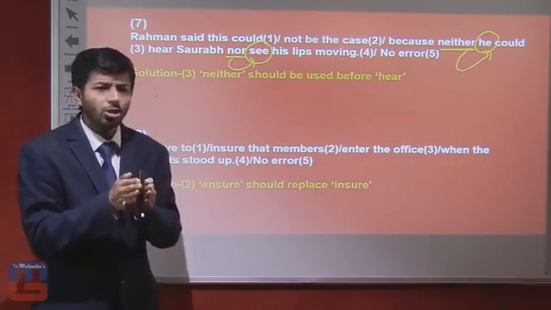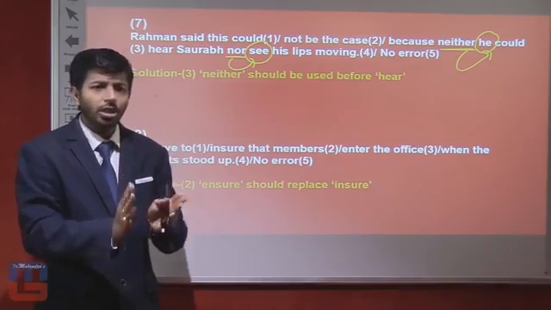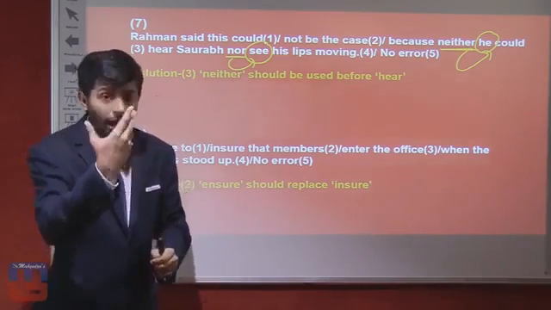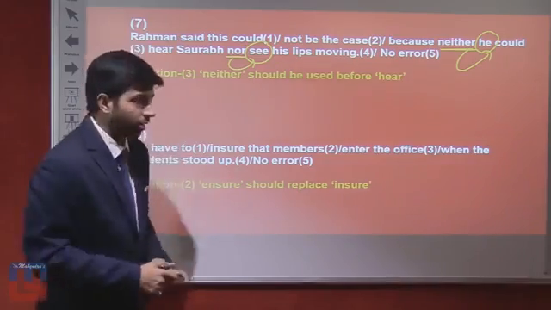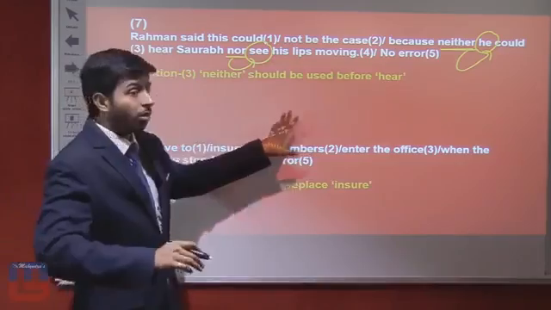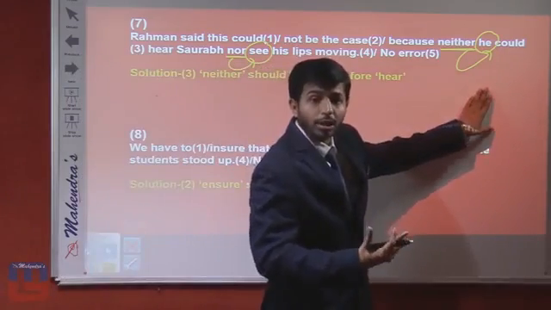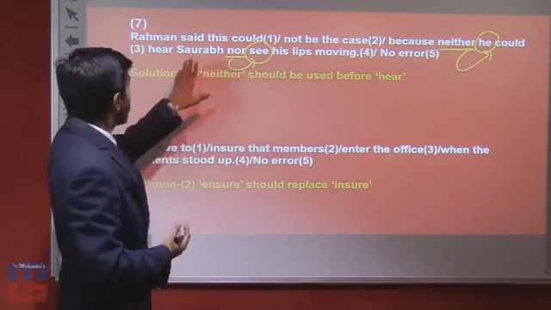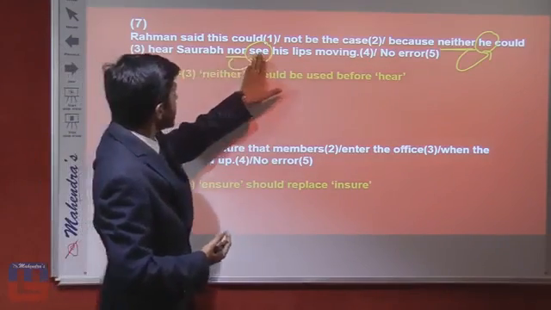And where you get the parallel parts of speech, just match and change the position of neither or nor according to the sentence. So here see is given, so either according to he, another pronoun or subject is given, or according to see as a verb, another verb is given. So here hear Saurabh nor see his.